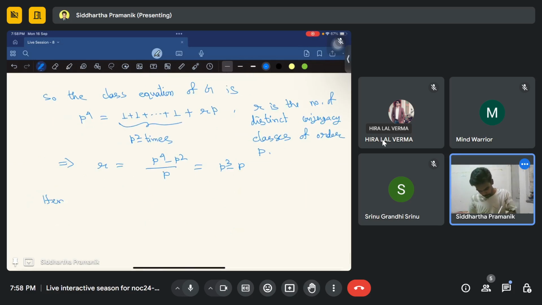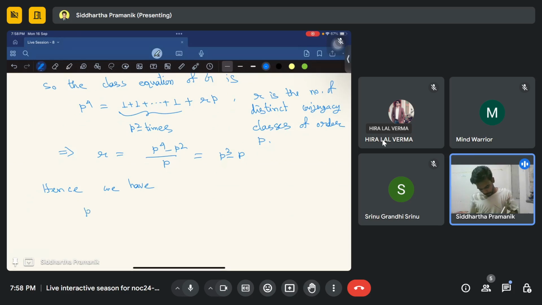Hence we have p to the power 4 equals 1 plus 1 plus 1, this is p squared times, and plus p plus p, this is p cubed minus p times.